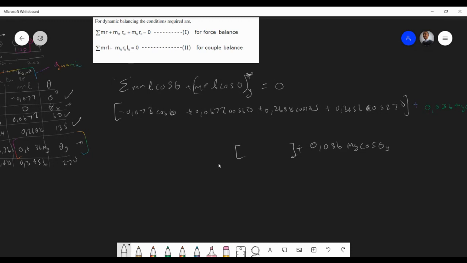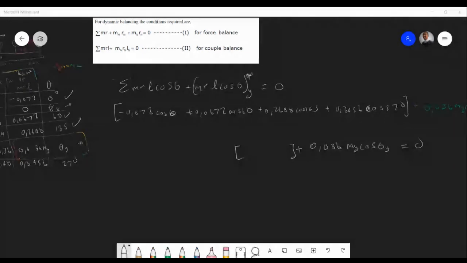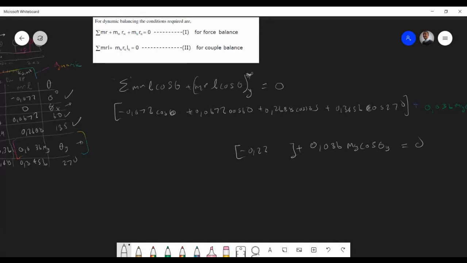When we get that value, cos 0 plus 0.0672, minus 0.22847. That is definitely correct.